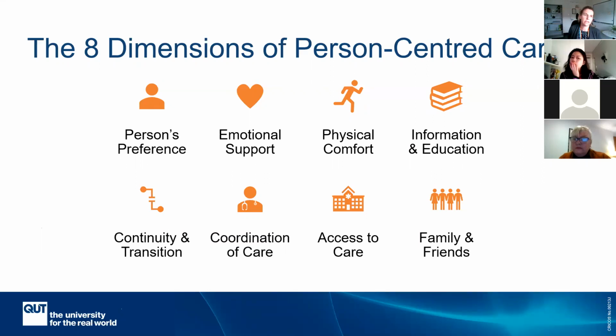And again, I'm not saying that we need to live these people's lives for them or solve their complex problems, but the way we address care being person-centred will impact the effectiveness of the care that we provide. So is there anything you've done to improve access to care or to involve family and friends?